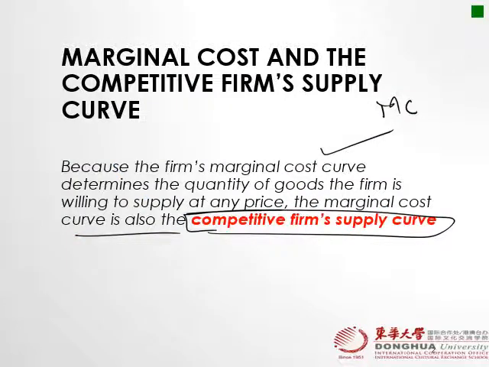Because the firm's marginal cost curve determines the quantity of goods that the firm is willing to supply at any price, the marginal cost curve is also a competitive firm's supply curve. We already explained in our previous slide that, among the cost curves, only MC could be the proxy of the supply curve. So the characteristics of MC replicate the characteristics of the supply curve.